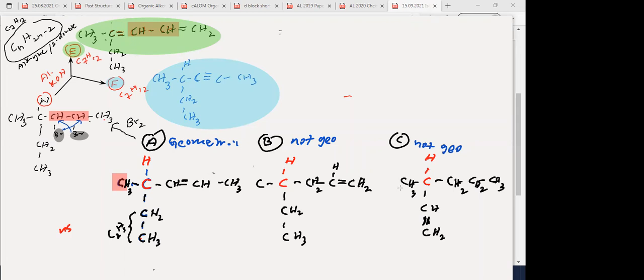Then you are doing the same thing for B and C. Now for B and C you can easily get the answer without my help: add Br2 and then remove HBr. So from B, if you add Br2, what is the structure? Anyway, in the exam they don't ask for the intermediate structure after adding Br2.